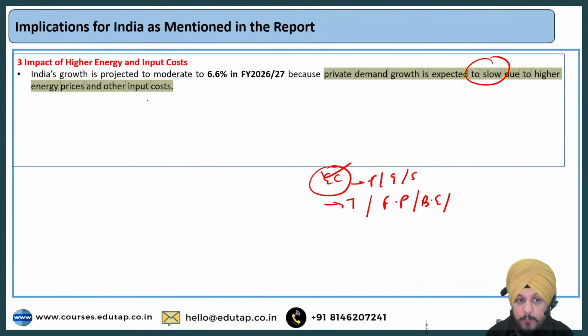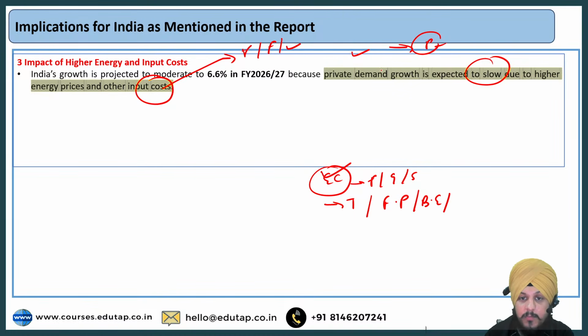And when I say input cost over here, I mean the cost of raw material, right? The cost of raw material and different sorts of resources used in production, for example fuel, fertilizer, raw material, and so on, right? So it says that India's growth is still strong, but the high energy cost and the input prices that are there may reduce private demand growth for some time, right?